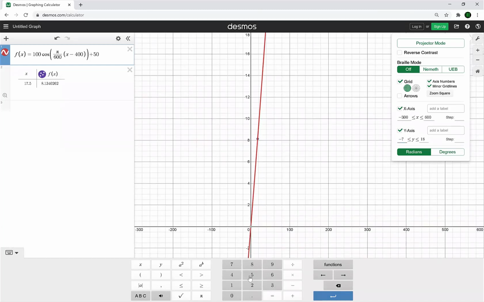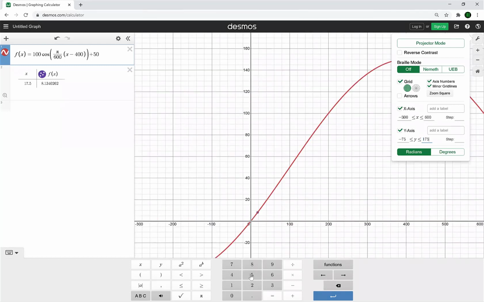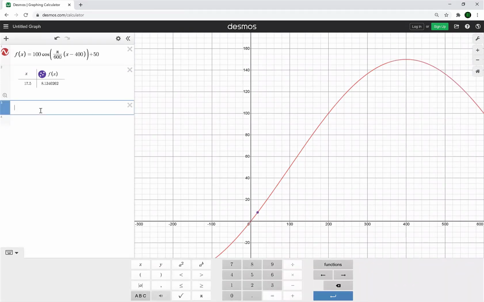So let's go to negative 75. And let's see, 150 is the highest or 100? I don't remember. 150, right? So let's go to 175. All right, there you are. And what's the point? The treasure is located at 130, comma 40.